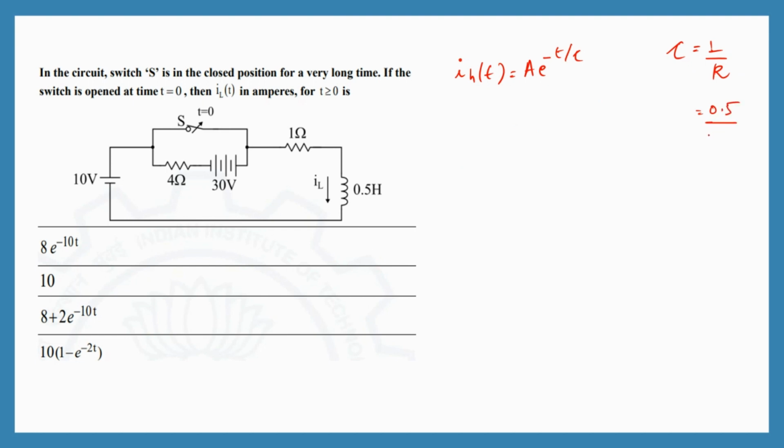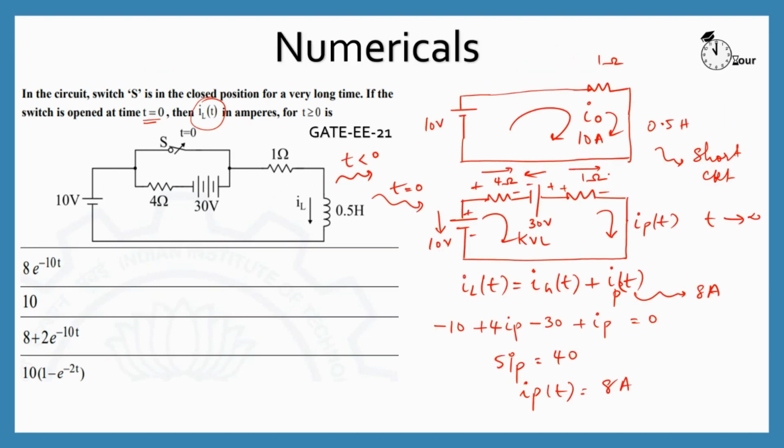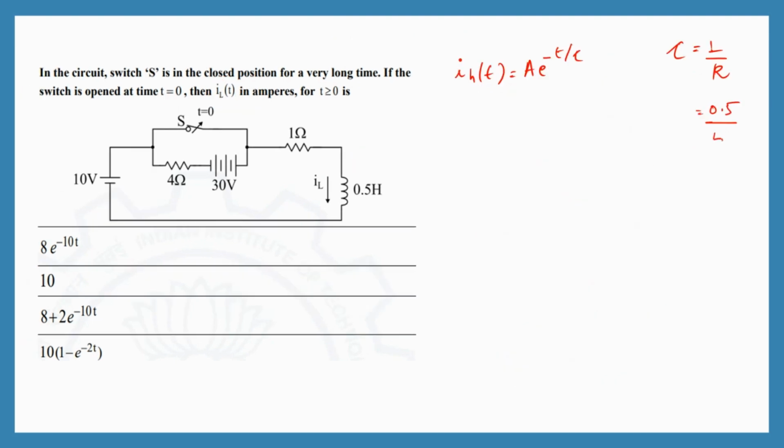And what is R? If we look at this circuit, effectively R is nothing but 4 plus 1, which is 5. So the resistance in this circuit is 5 ohms. So that is 0.1. So we can say this is A e power minus t by 0.1, or A e power minus t into 10. Therefore IH of t is A e power minus 10t.